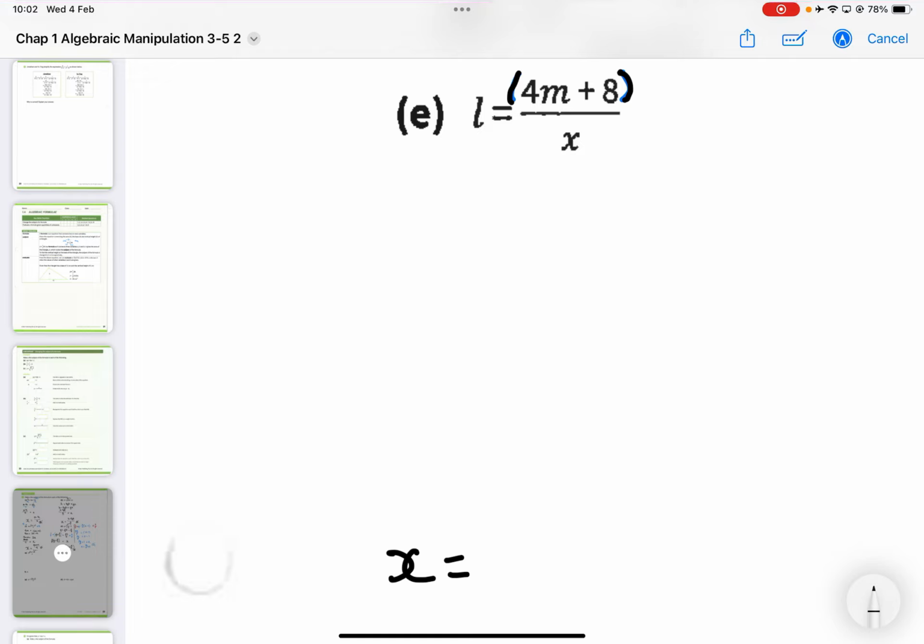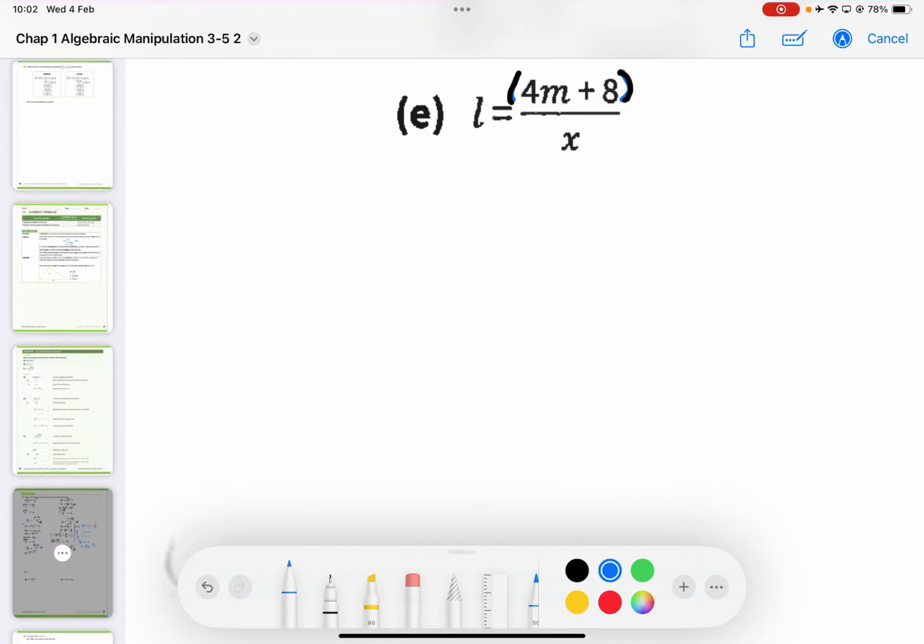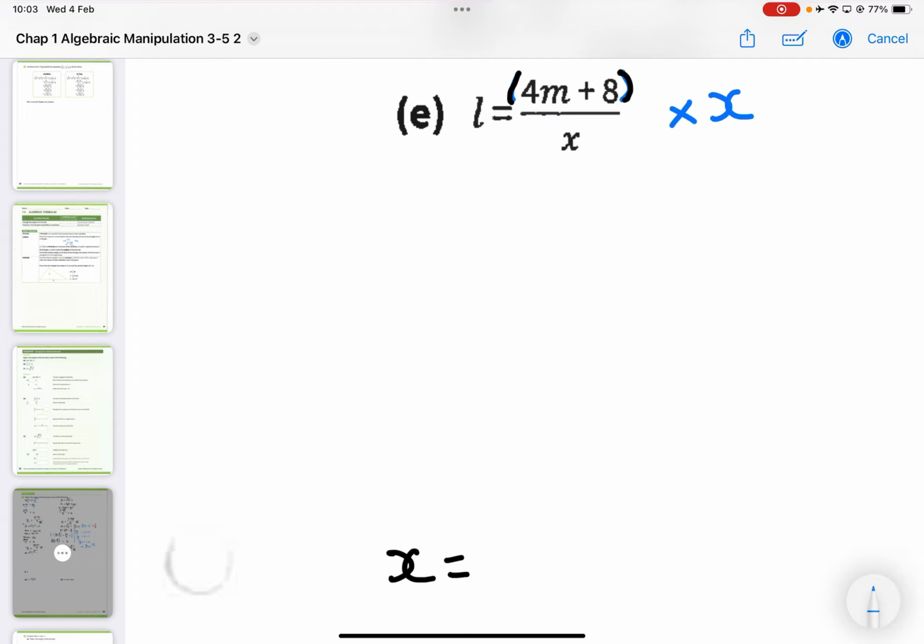I don't want my x to be denominator. So I want to get rid of x from the denominator. I need to multiply x. And because I multiply x on the right, I need to multiply x on the left.